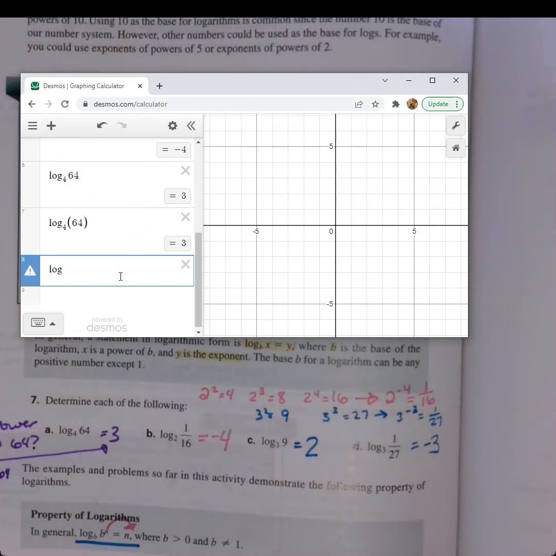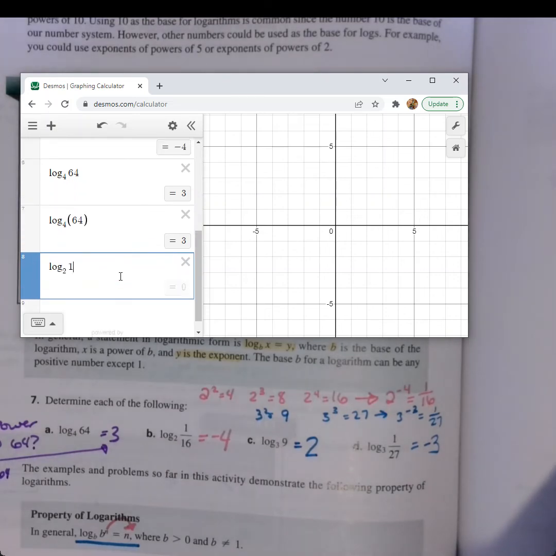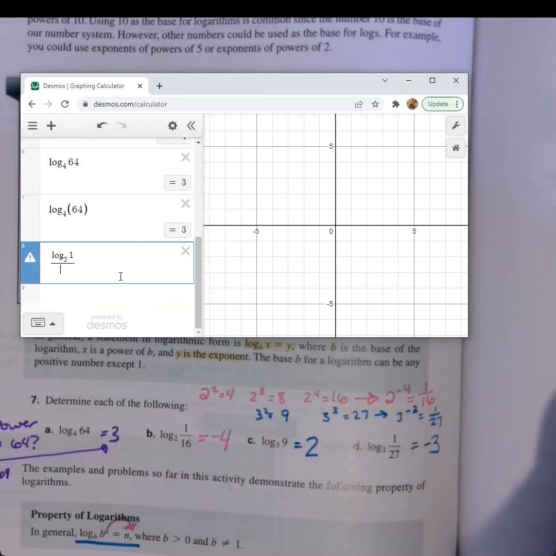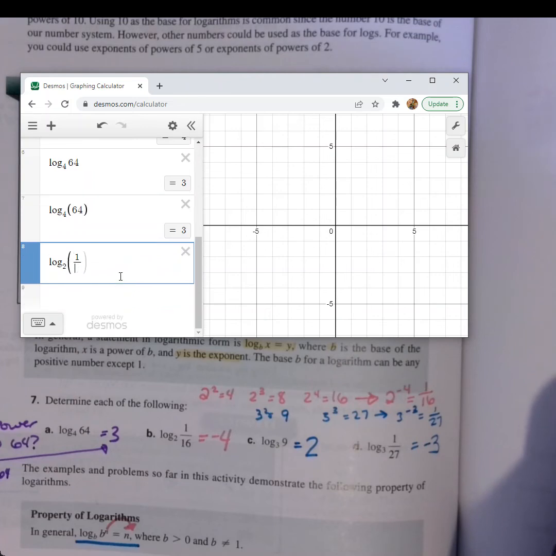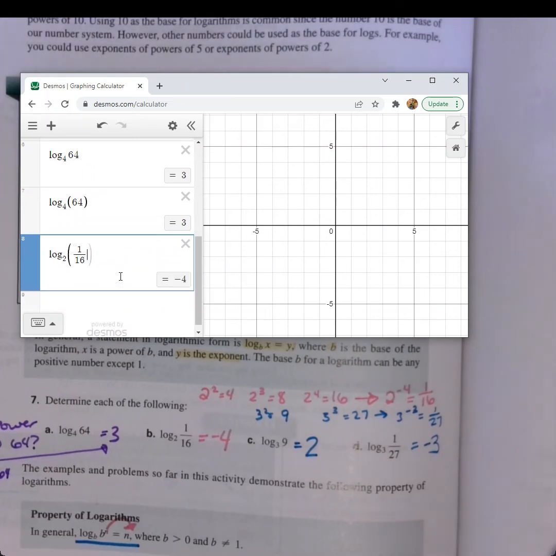Okay, so I'm going to type my next one. Log base 2 of, now this time I went to do 1/16, and I noticed that my division went underneath everything, so I can't do that, but I have to go put in some parentheses to do my 1/16, and then I can get my -4. So I want to watch and make sure that I have the entire number inside the logarithm, so parentheses may be necessary.